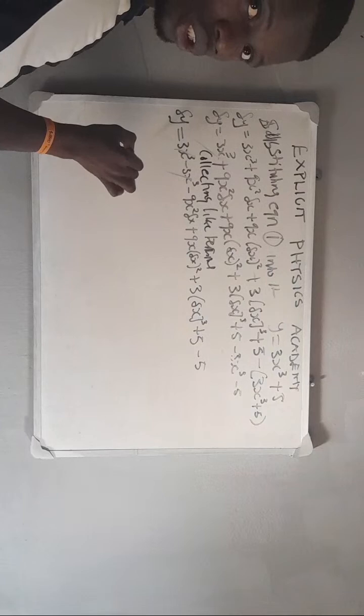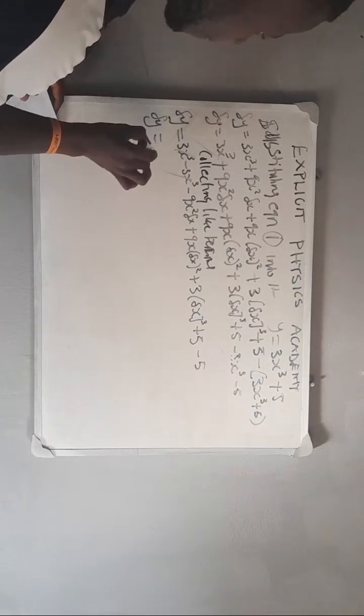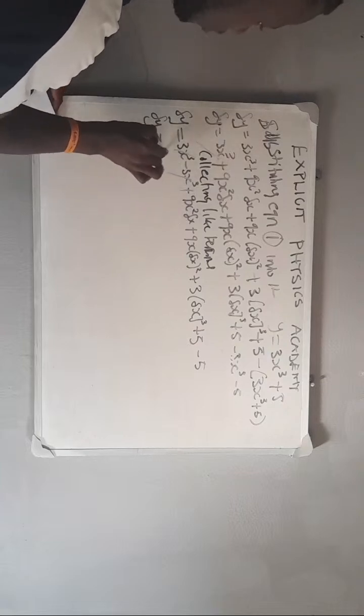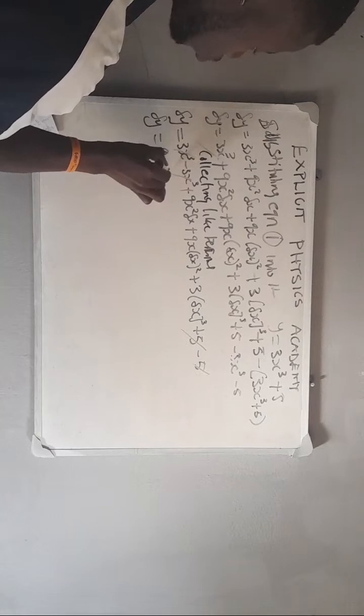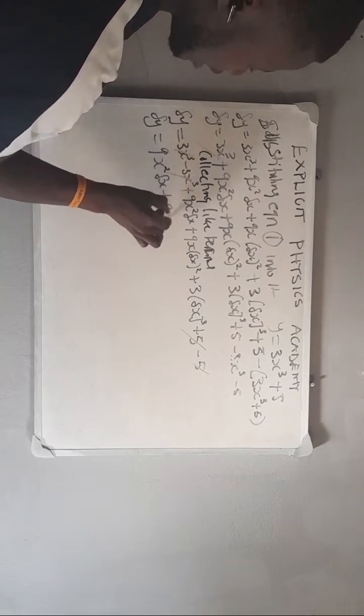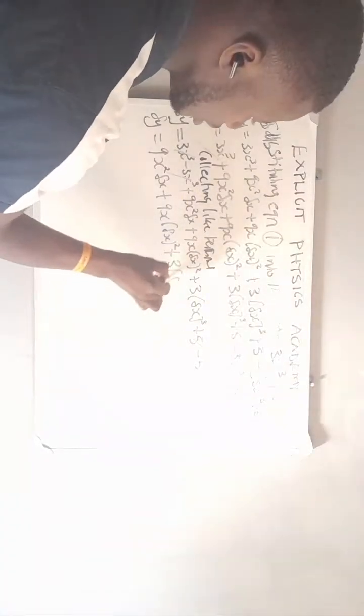Okay, so this and this goes. So we are left with what? Del y is equal to, okay, this is plus, sorry. This cancels this. We're going to have 9x squared del x plus 9x del x squared plus 3 del x cubed.